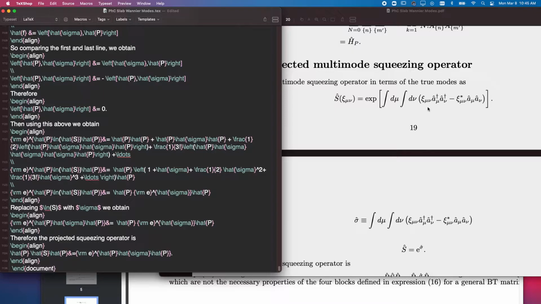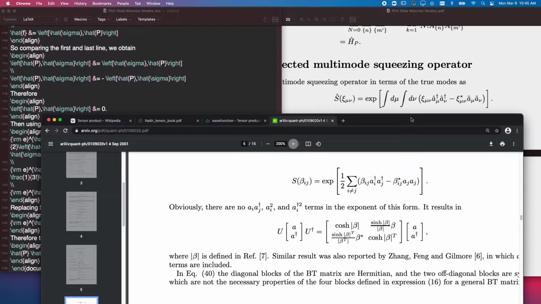We're just in the vacuum state. Then, just to finish that thought, I could apply the squeezing operator to the initial vacuum state, and it would tell me what the state would be. It would give me a squeezed vacuum state written in terms of the true modes.